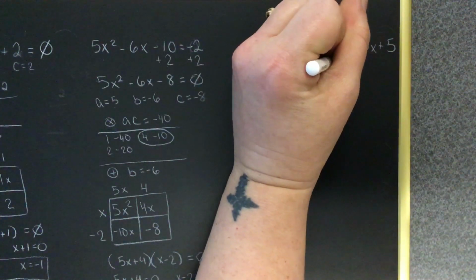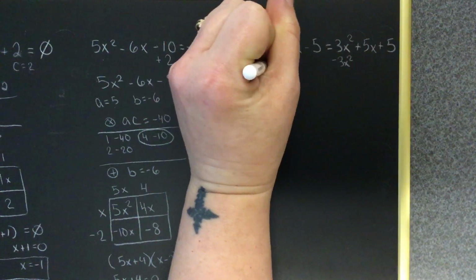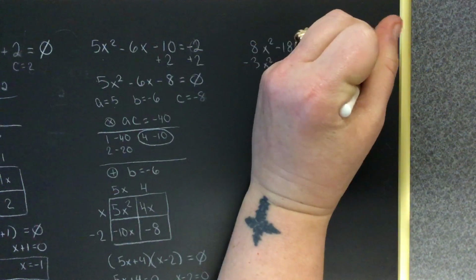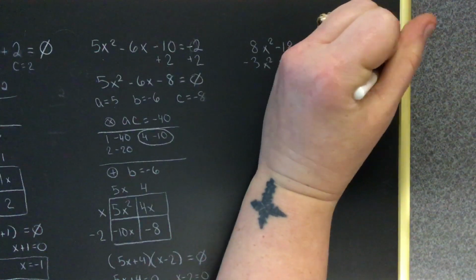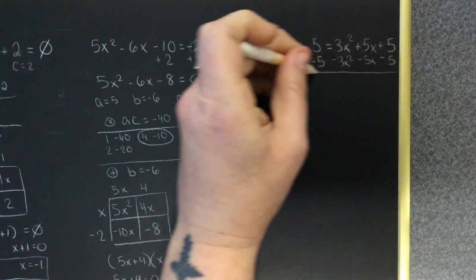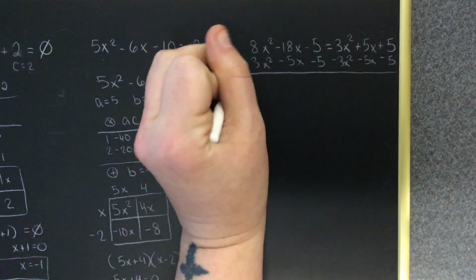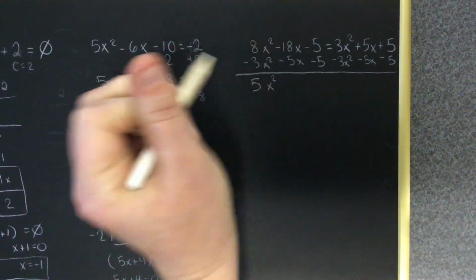So I'm going to subtract 3x squared from both sides. I'm going to subtract 5x from both sides, and I'm going to subtract 5 from both sides. And when I do that, 8 minus 3 is 5, x squared.